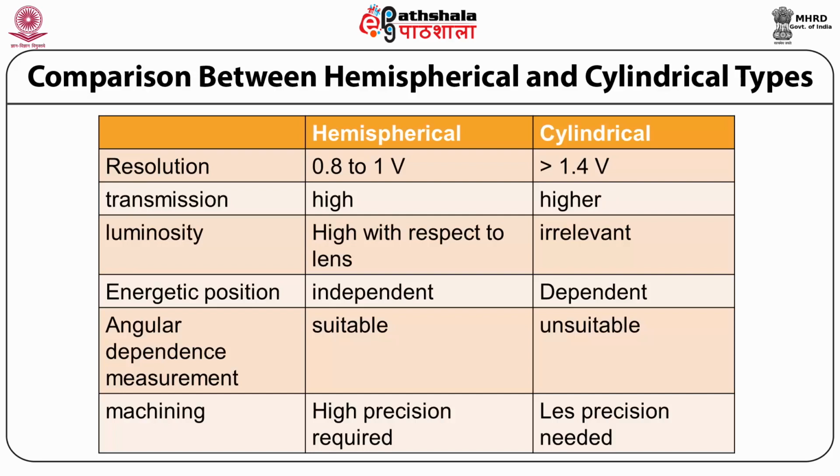Luminosity in hemispherical is high with respect to lenses. Energetic position in hemispherical is independent, while in cylindrical it is dependent. For angular dependence measurement, hemispherical is suitable. For hemispherical, machining of high precision is required compared to cylindrical.